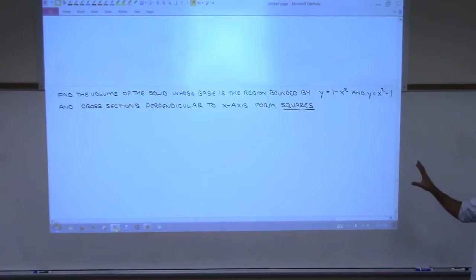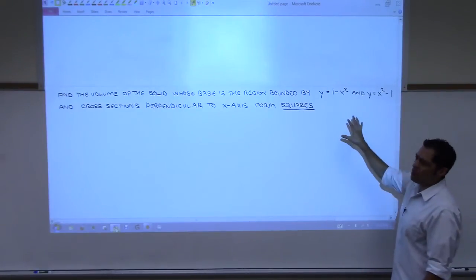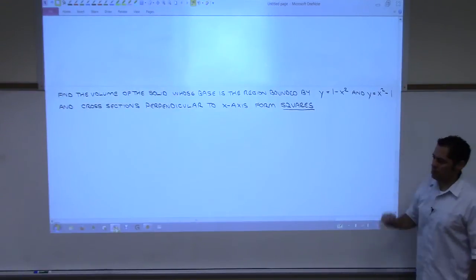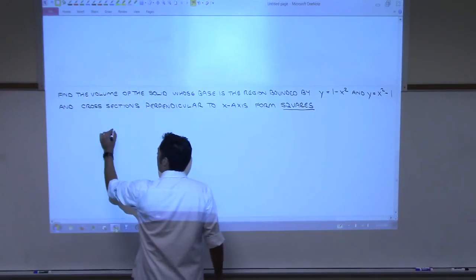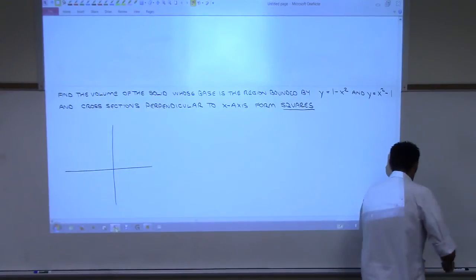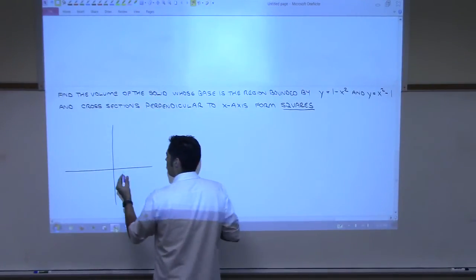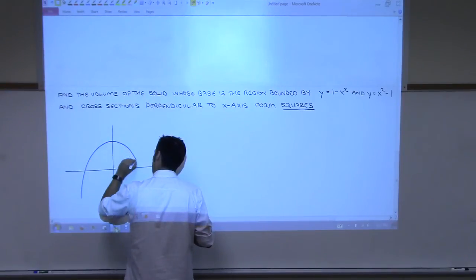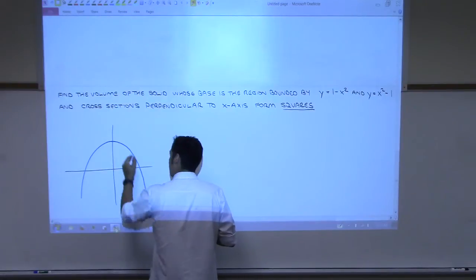So we're going to start first by understanding the region that forms the base. That's the region bounded by these two, exactly what I just had up on the screen a second ago. It really doesn't matter which one we color blue and which one we color red, but I'll just do this one. Which of the two functions is that one?